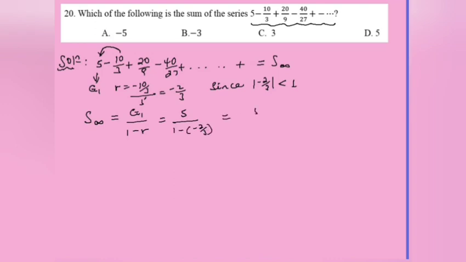So this becomes 5 over 1 plus 2 over 3. This result is 5 over 5/3. So this becomes 3 times 5 over 5, which is 3 itself. So the sum of this infinite series is 3. Therefore, our answer is C.